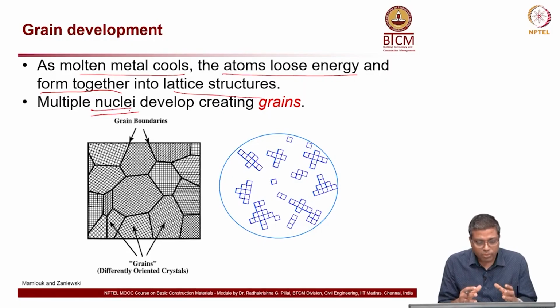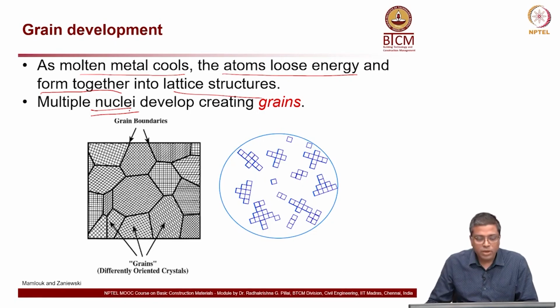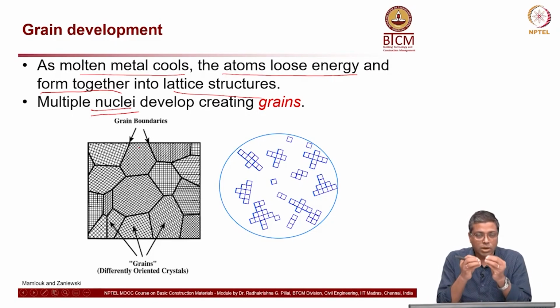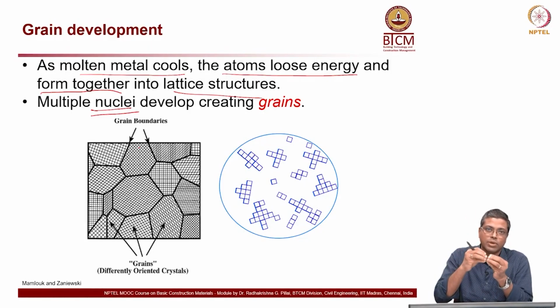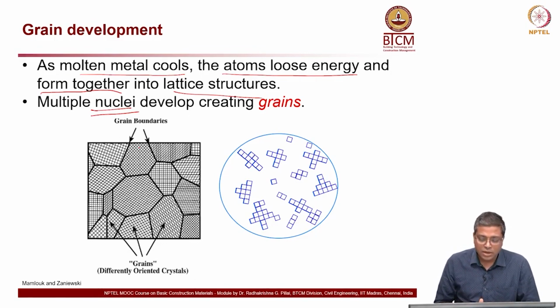Now, they start forming and then grow into crystals in 3 dimensions, and so you have this 3-dimensional structure which is formed and which we call grains. You can even imagine a rice bowl. You have several rice grains in that, and each rice grain will be hitting each other. That hitting place we can call the grain boundary.